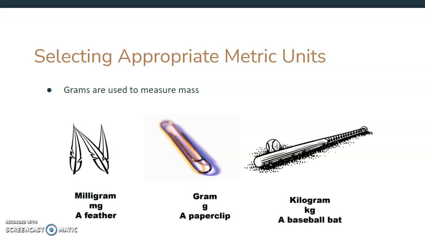Still very, very light. Paper clips don't really feel heavy, but it's still noticeable, whereas with milligrams, it feels like almost nothing. And then the weight of a baseball bat is about a kilogram. If you have ever picked up a baseball bat, that's what about a kilogram feels like.